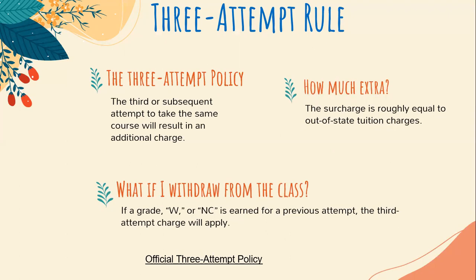First attempt at the class, the student earns a D. Second attempt at the class, the student withdraws halfway through the semester and has a W on the transcript. The third time that student takes that class, there will be the surcharge from the 3-attempt rule. So if a grade, a W, or an NC from the credit no credit option is earned in a previous attempt, then the 3rd attempt charge will apply.